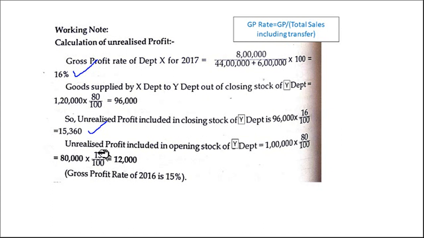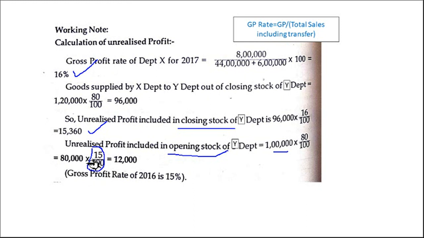Same thing we have to do for the unrealized profit included in the opening stock of Y. So what is the opening stock of Y Limited? It is given in the problem, 1 lakh, and they said 80% of it. So 80,000. Now, which percentage do we take? We calculated the 2017 percentage, 16%, and that is used for closing stock.